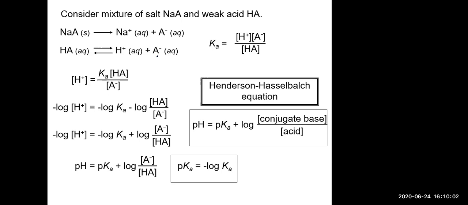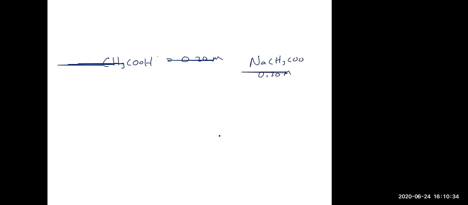We can use the Henderson-Hasselbalch formula to calculate the pH of our previous problem. In that problem, we had acetic acid, which was 0.2 molar, and sodium acetate, which was 0.3 molar.